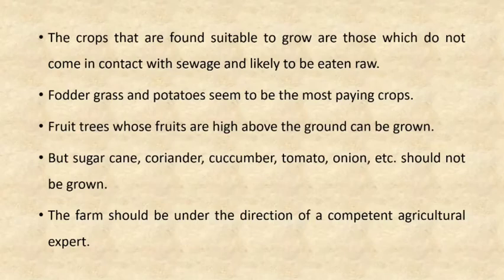Mainly fodder grass and potatoes seem to be the most paying crops. Fruit trees whose fruits are high above the ground can be grown, but sugarcane, coriander, cucumber, tomato, onions, etc. should not be grown. The farm should be under the direction of a competent agricultural expert.